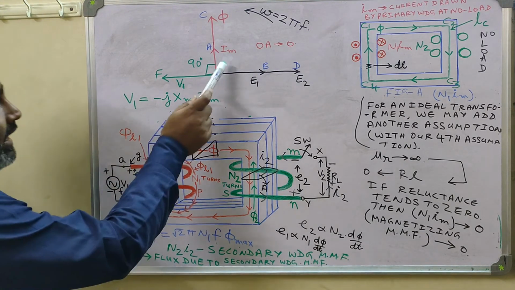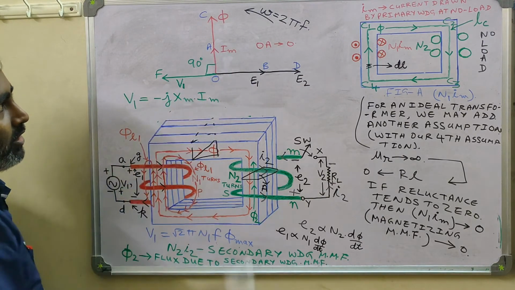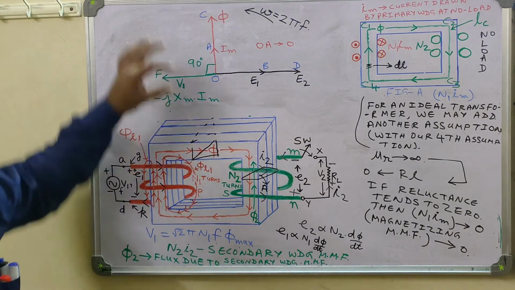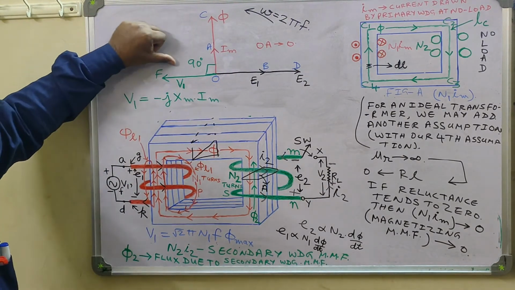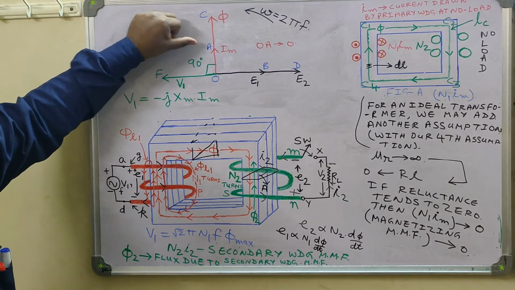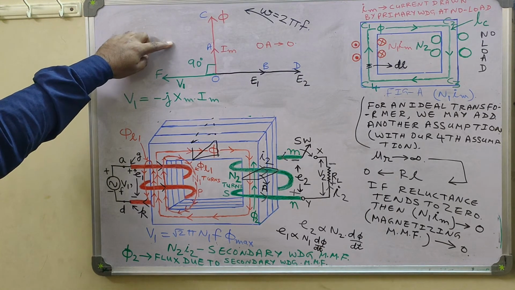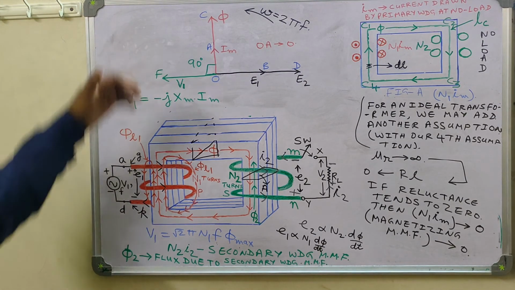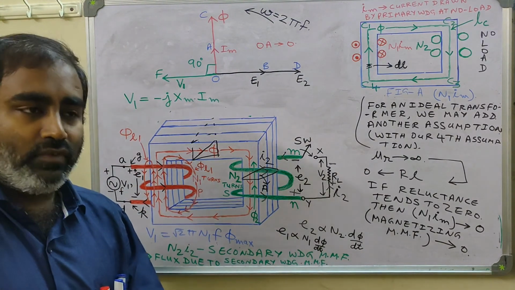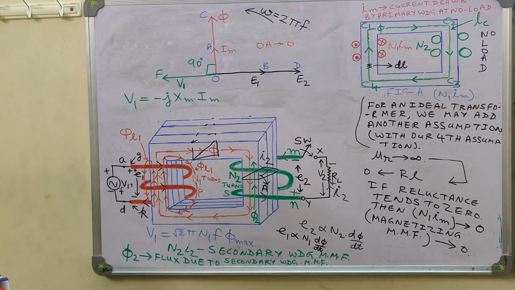So only one element can model this relationship, that current is lagging the applied voltage by 90 degree. This relationship can be modeled by an inductive reactance only.